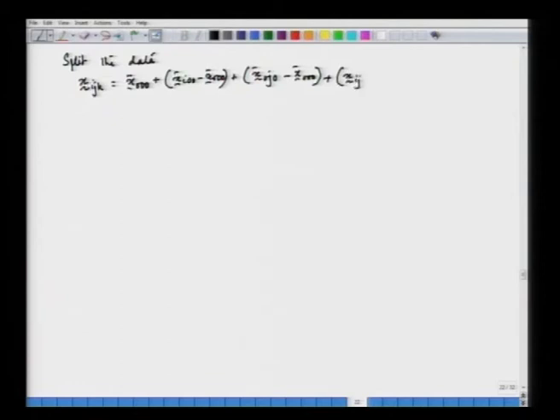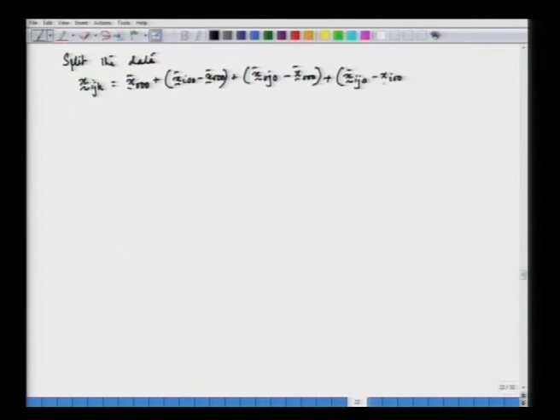We have to write x ij naught, bringing in these terms, and because we have already defined what our alpha i, beta j and gamma ij are, we also have a clue as to how to get these terms here, because these are essentially the estimates of those parameters.